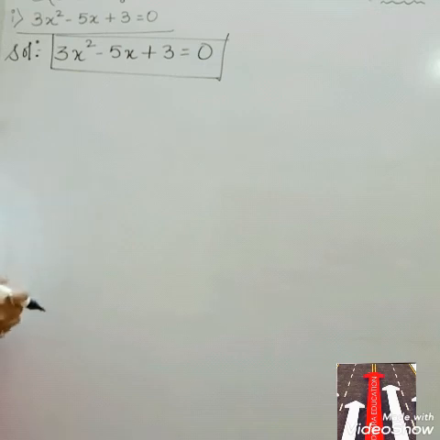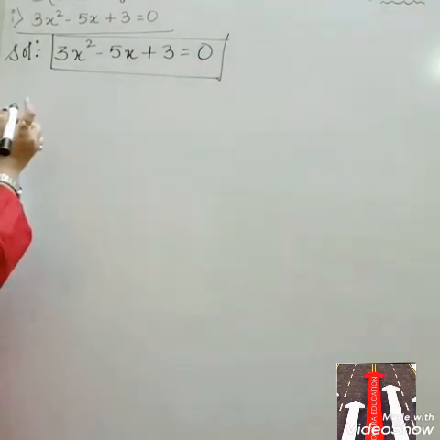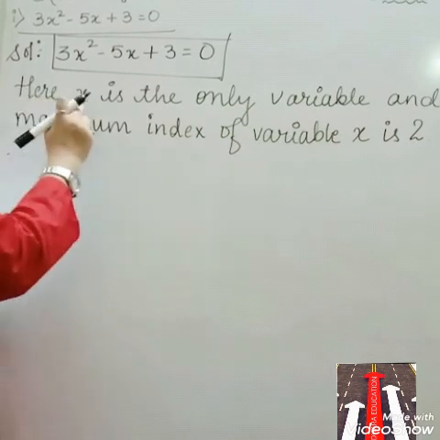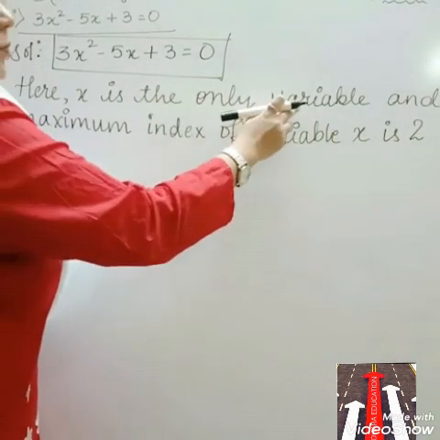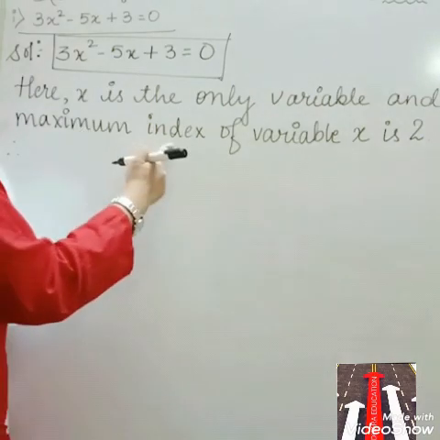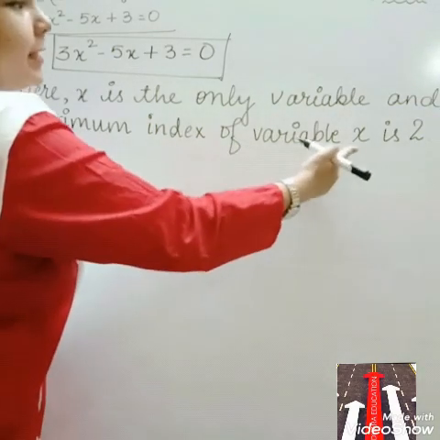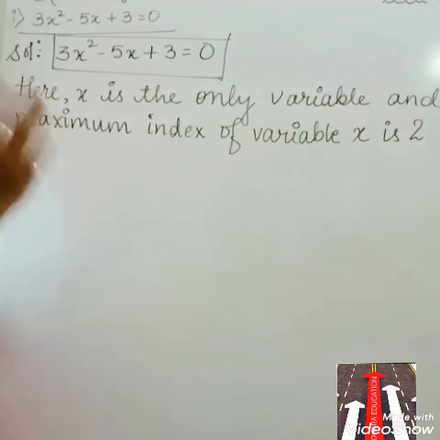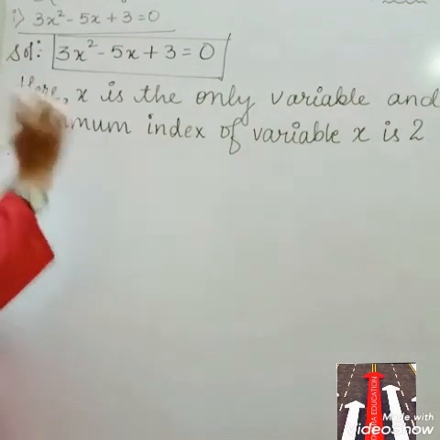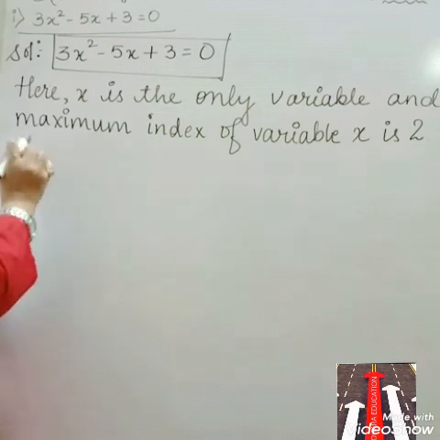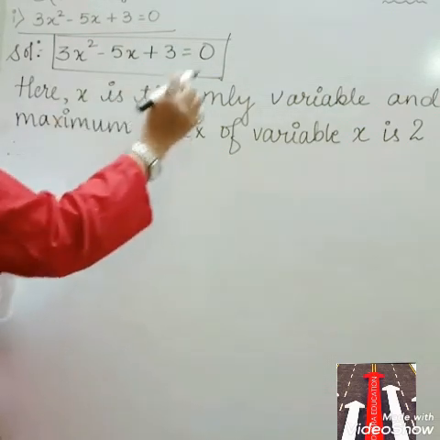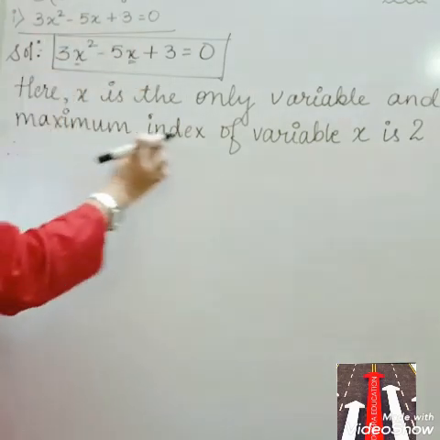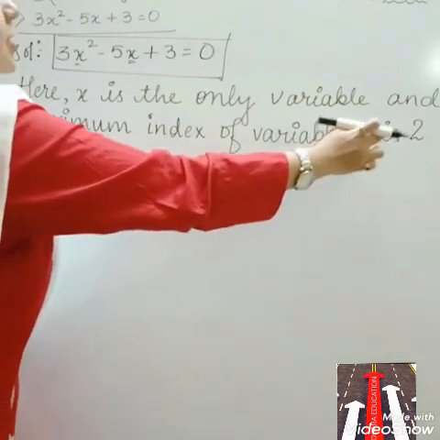So we have to write: here x is the only variable and the maximum index of variable x is 2. Again I am repeating the statement. Here, students, you all need to write like this: x is the only variable, the maximum index of variable x is 2.